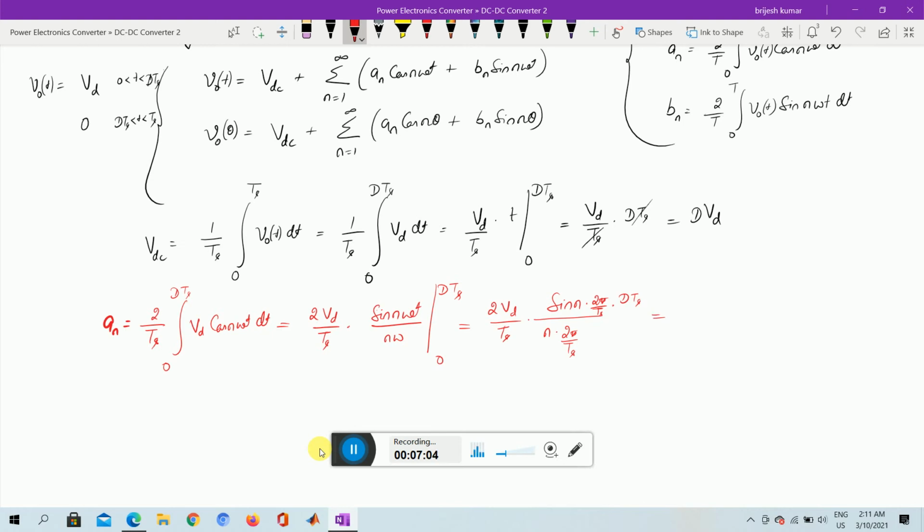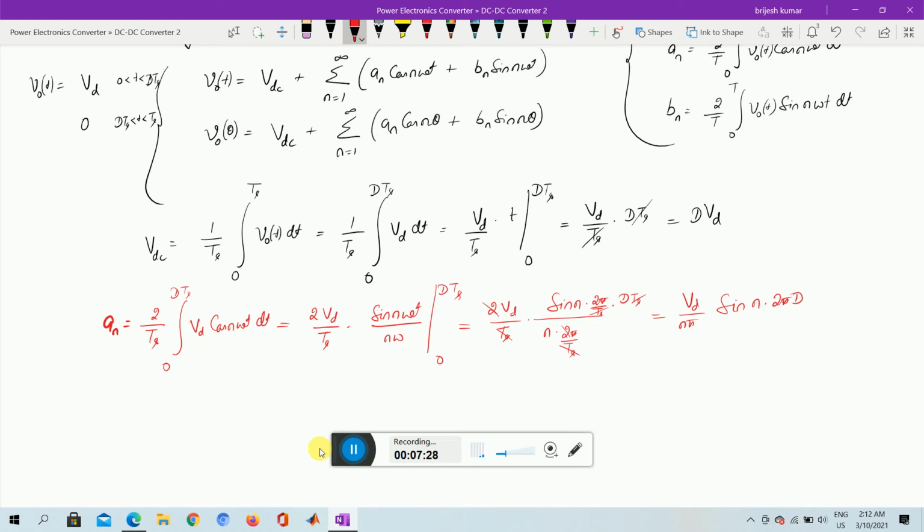So this leads to TS cancelling out, 2 cancelling out, Vd by n pi, and sine of n 2 pi D. So this is the value that we are left with, the an value.